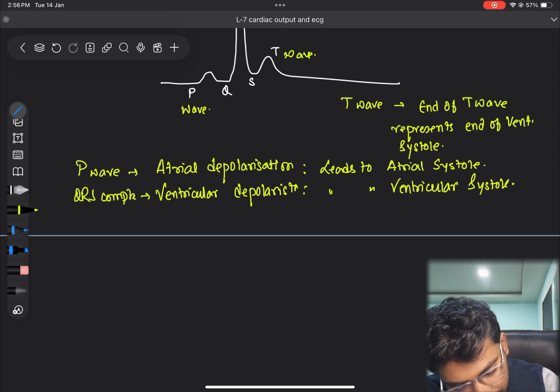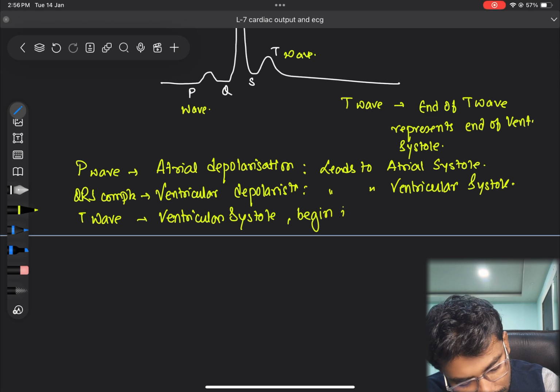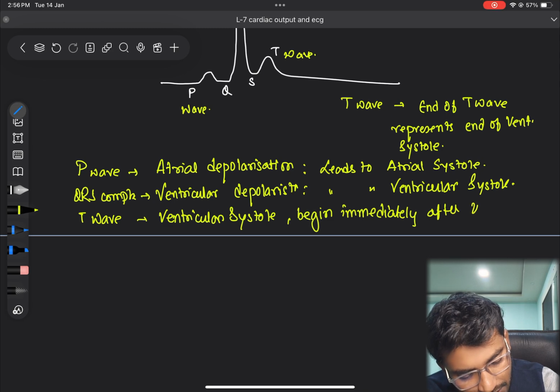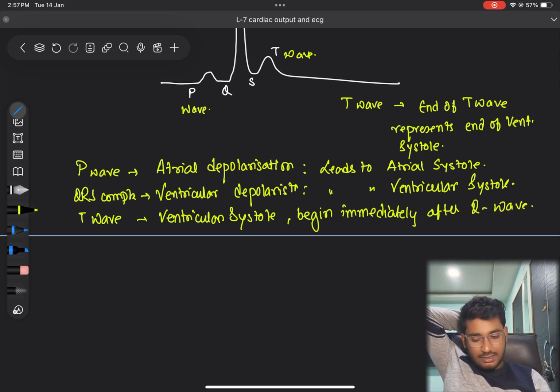Now the T wave begins immediately after the QRS complex.